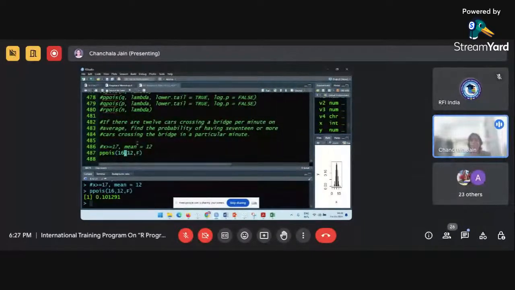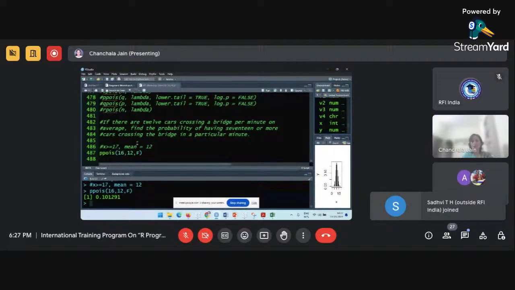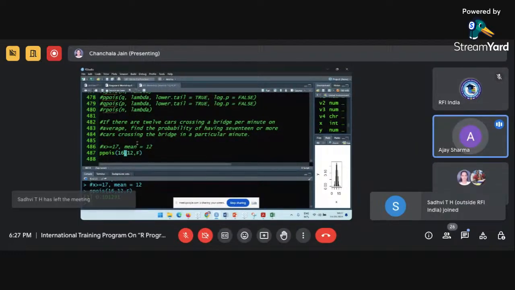We are going for the upper side, but 17 is included at the upper side. Whatever we mention as the first argument here is not included if we go towards the upper side. It will be included at the lower side. When you are keeping it true, it will give you from the lower side, from 0 up to that number.